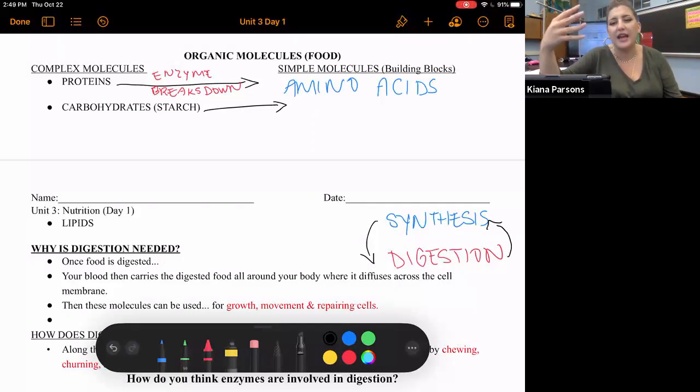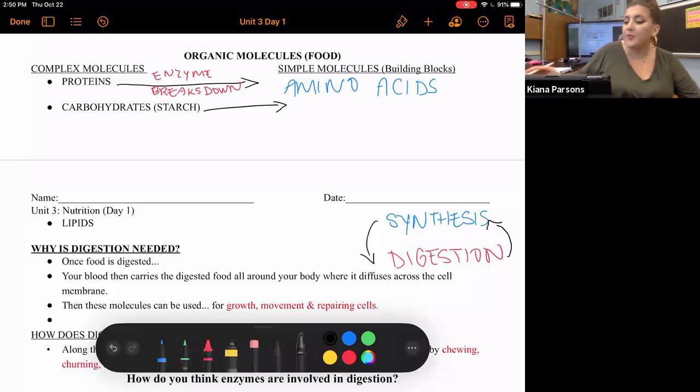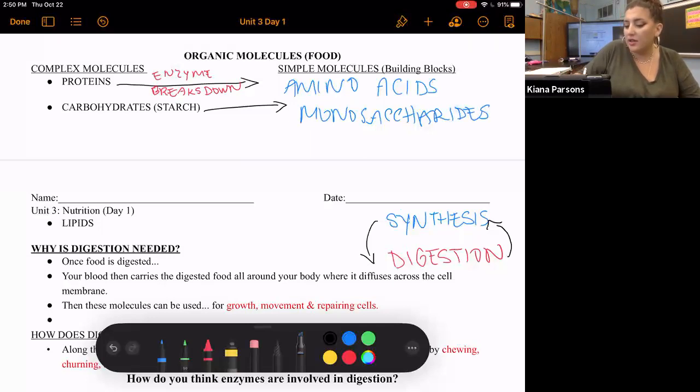And as I've hinted at, the process of protein synthesis is a little bit more complicated than that, but the amino acids that we ate are reassembled in a different order to create the proteins that function within our bodies that allow us to maintain homeostasis and maintain life. So carbohydrates are broken down into monosaccharides or simple sugars. And lipids are broken down into fatty acids and glycerol.